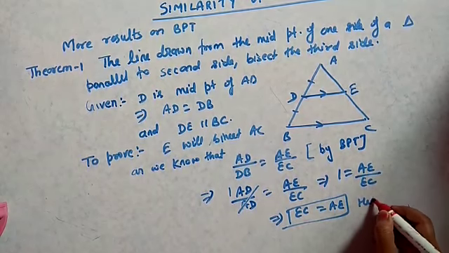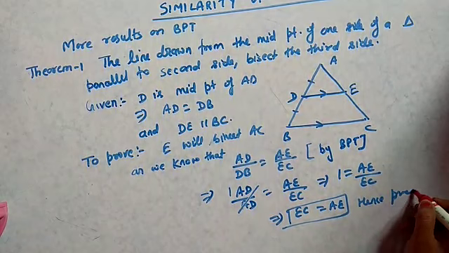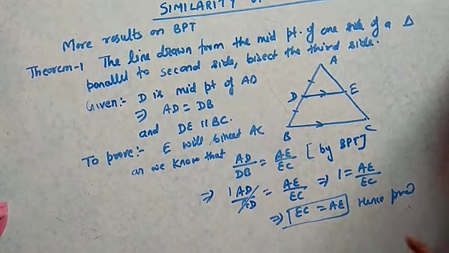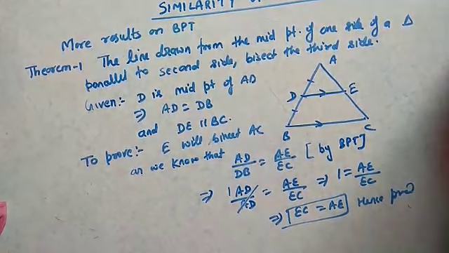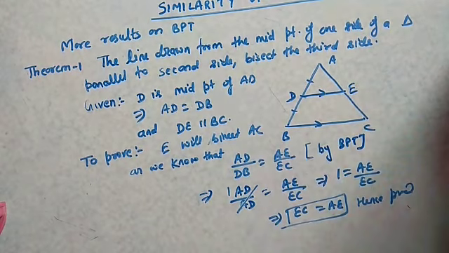Hence proved. So if it is given that D is the midpoint of the side AB of the triangle ABC and DE is parallel to BC, we can say that E will also be the midpoint of AC. Okay, now come to the next theorem.